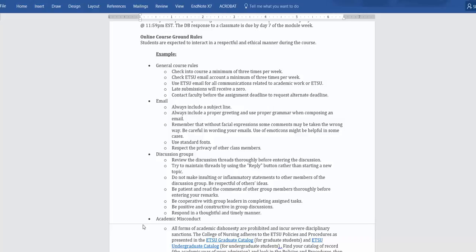There's a good chance that when you send something to Yahoo, it's going to roll over into the spam account, and so I may not have gotten that. It just happened that it did go through. So you always want to make sure that you use your ETSU account, because it recognizes that etsu.edu tag at the end of it, and so it will come on through. We won't have any problems with that.